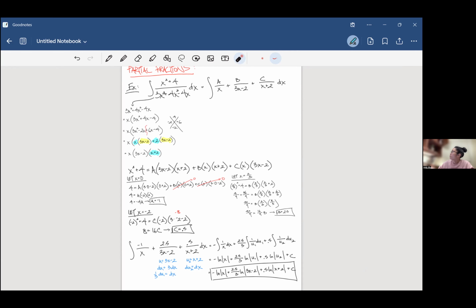Right. So it looks like some people also had questions on the trapezoidal and the Simpsons. So let's take a quick look at that.